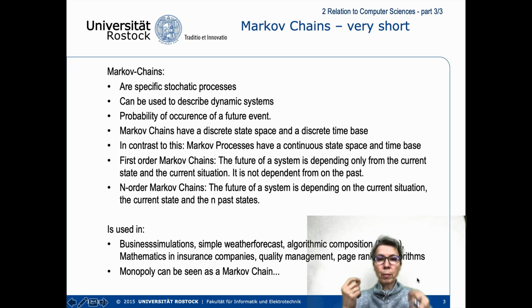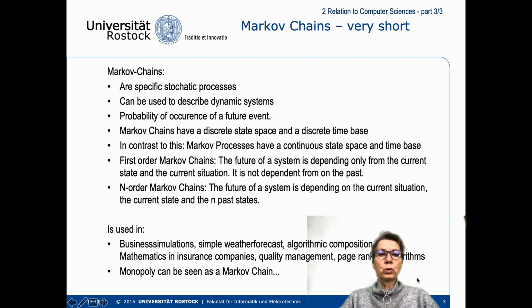You can imagine that in the discrete space you have natural numbers like 1, 2, 3, 4, and in the continuous space you have real numbers like 1, 1.1, 1.11, and so forth. So you have an infinite amount of numbers between two numbers, whereas discrete is only a finite amount of numbers, the 1, the 2, the 3, and so forth.